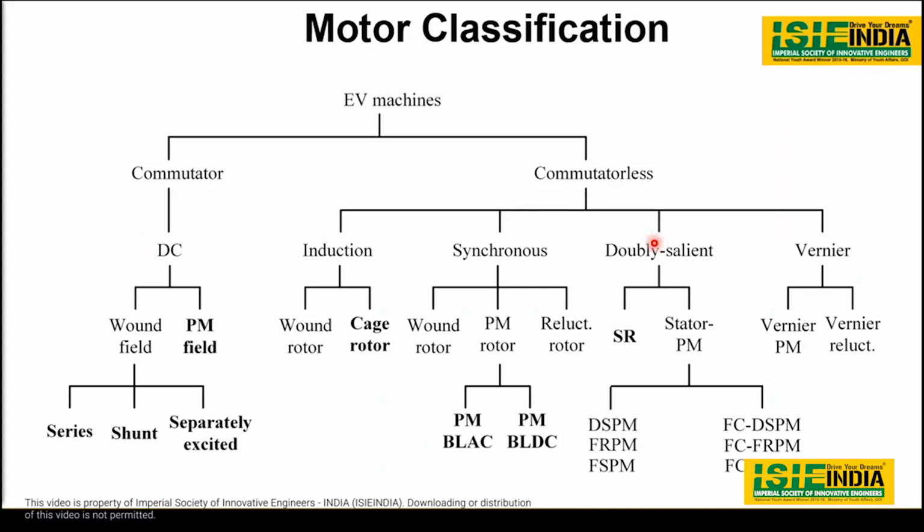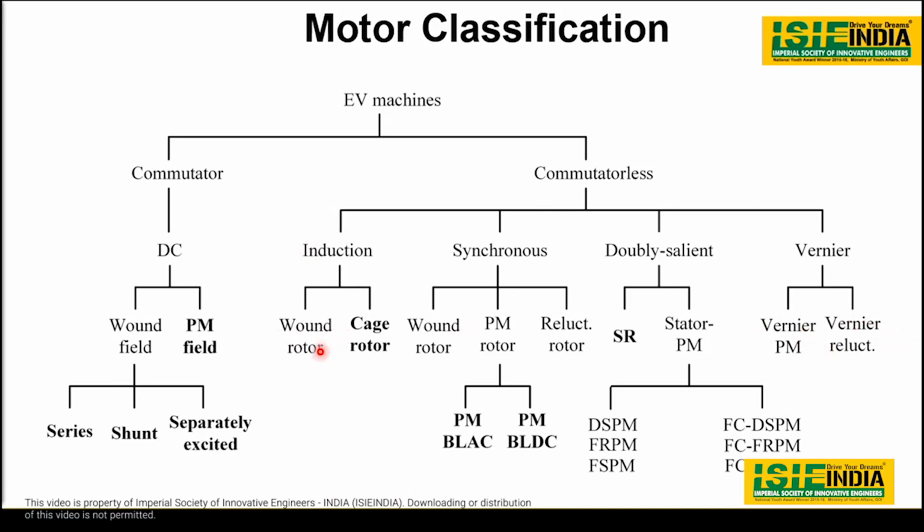Induction motor, synchronous motor, doubly salient. As I said, the salient type has a number of varieties, so doubly salient is a different one. And here vernier is nothing but, in the first slide what I showed, the rotating rotor is split into a single linear thing. So vernier calipers, digital vernier calipers, if you see, this is the best example, right?